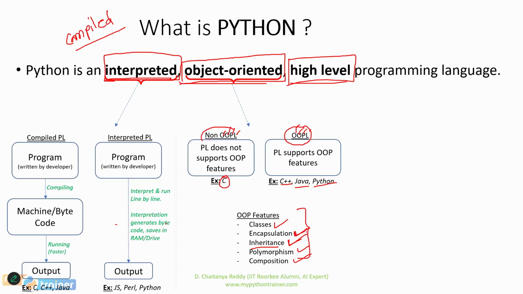The benefit of these features is to develop complex and big applications. These OOPS features help us minimize the code written.